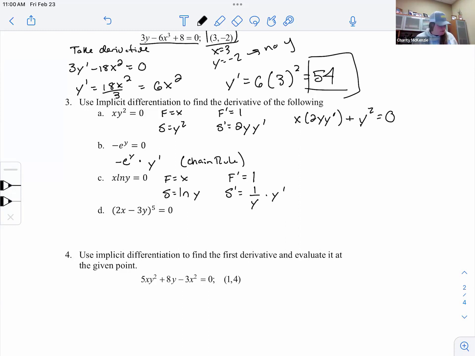Okay, so then let's put this all together. We would have x times 1 over y times the y prime, right? Times those two. And then 1 plus 1 times natural log of y.